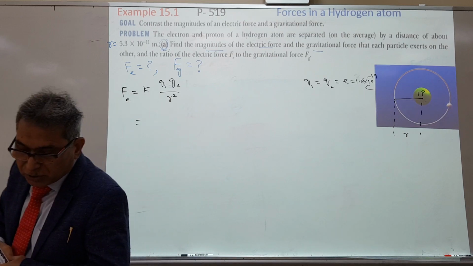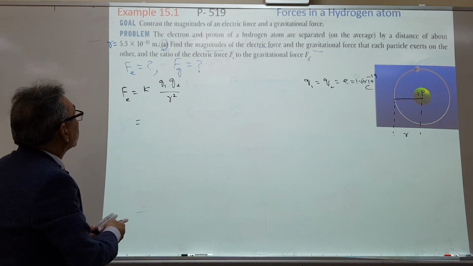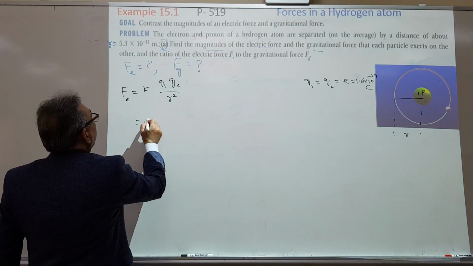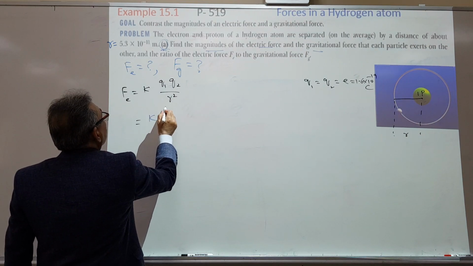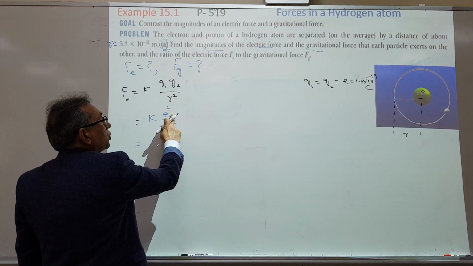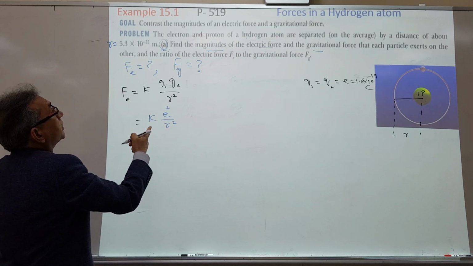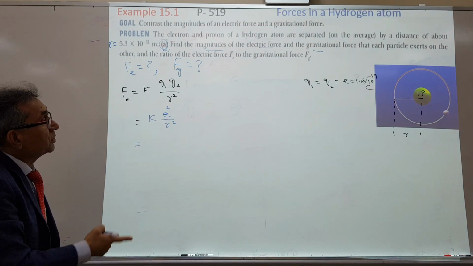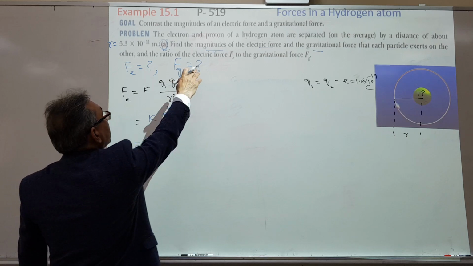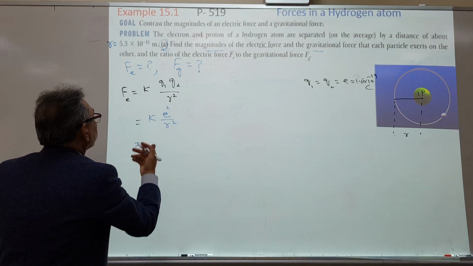Minus 19 Coulomb is the charge on the electron and proton, the same, right? So it means I can write Q1, Q2 both equal to E, which is the same magnitude I told you in the beginning. It is a constant. It's not given here, but it will be given to you as I told you. Don't worry that it's not given, because it is given in the table while you are using the book.